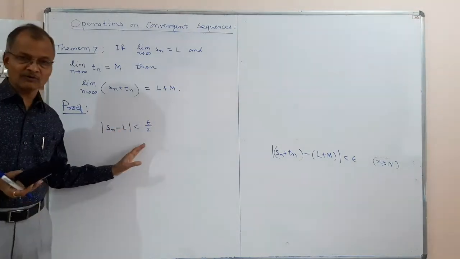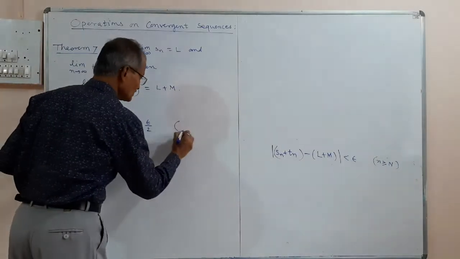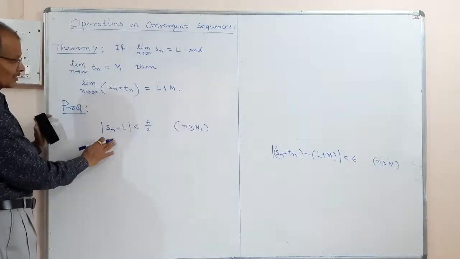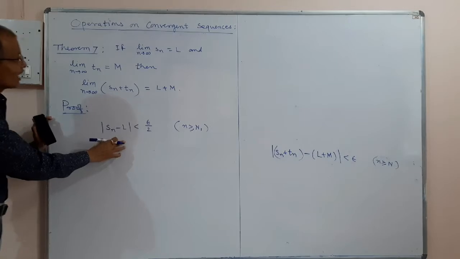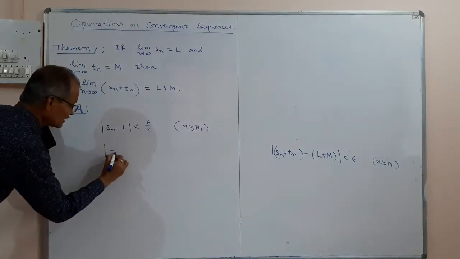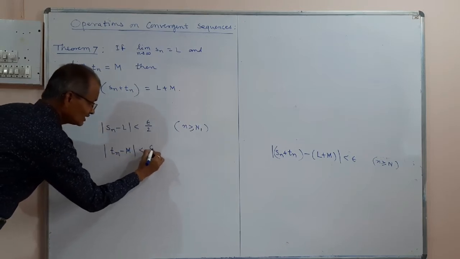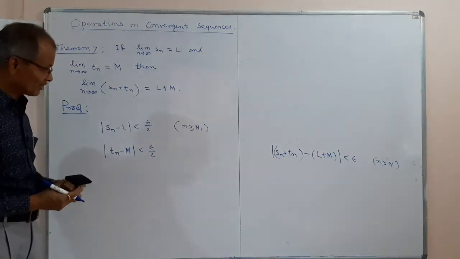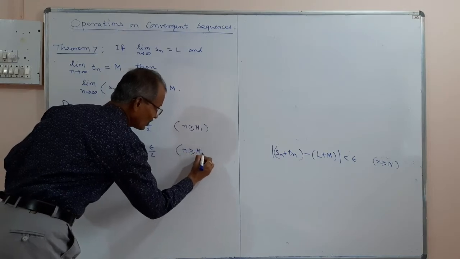Epsilon can be taken at our choice; it is a positive number, epsilon greater than 0. This is true for n greater than or equal to n1. Instead of N we consider n1. So this result implies this one. Similarly, the limit of Tn is equal to M implies the absolute difference of Tn minus M is less than epsilon by 2 for n greater than or equal to n2. Why we are considering epsilon by 2 instead of epsilon will be clear in further steps.